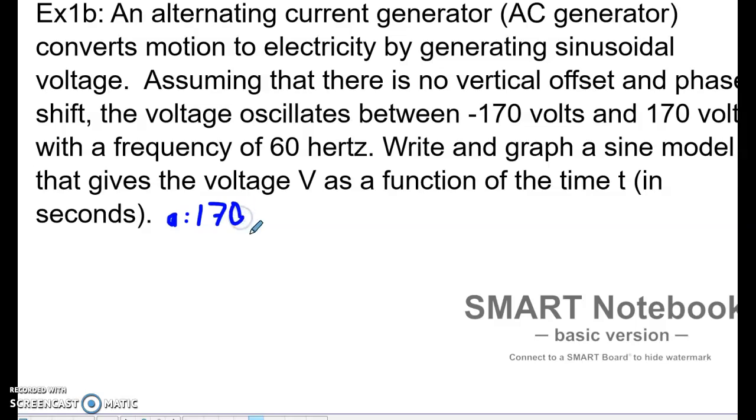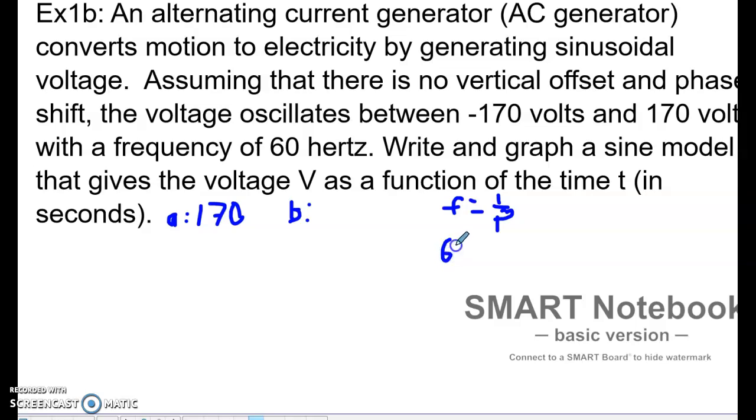The next thing that I need to know is B. But in order to find B, I need to know what the frequency is. And frequency, as a reminder, is 1 over the period, 1 over P. And the frequency it tells me is 60.